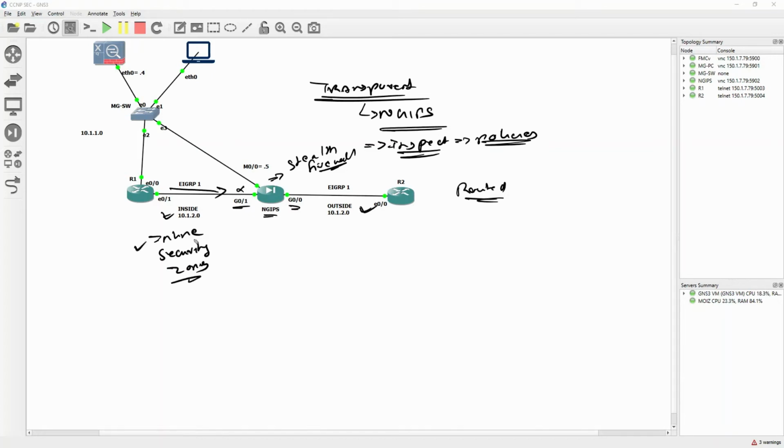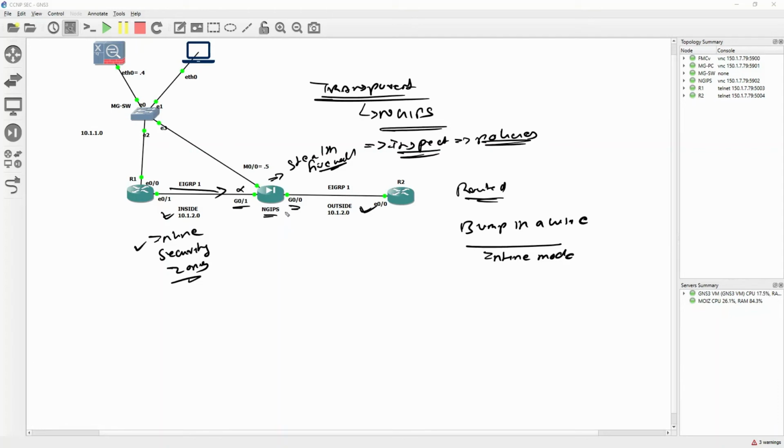Inline security zones means my firewall is in between two devices. Whenever the transparent firewall is placed, it is placed between any two devices. That's why it is known as bump in the wire, or also known as inline mode.